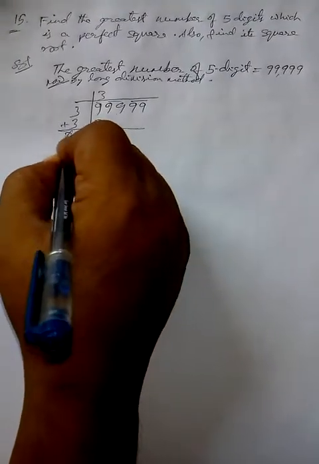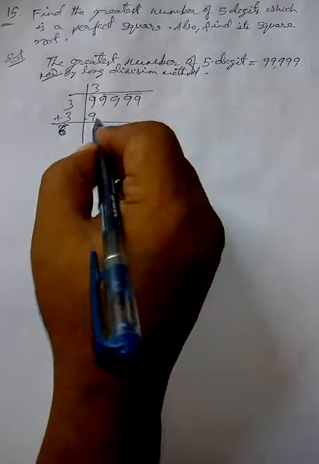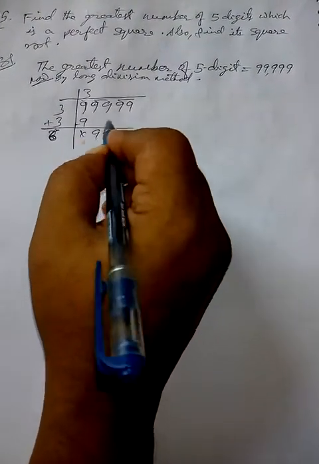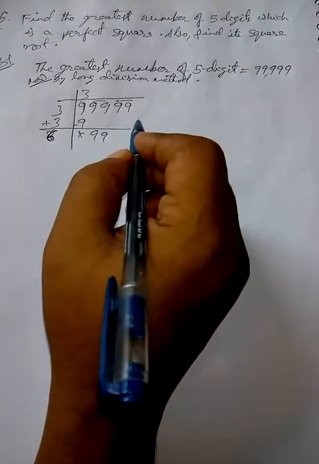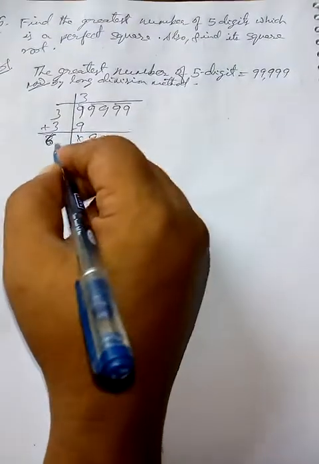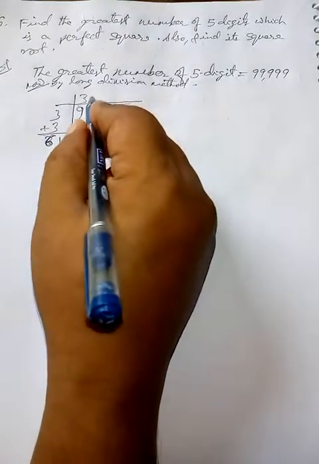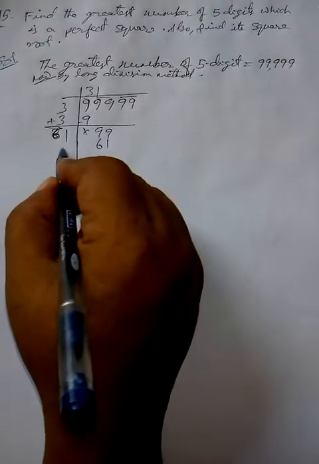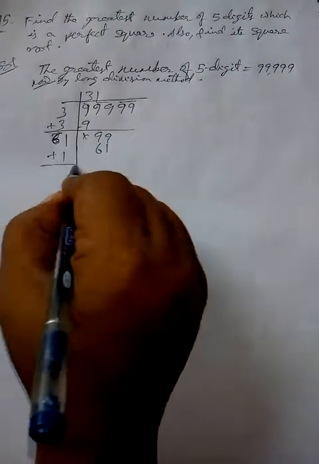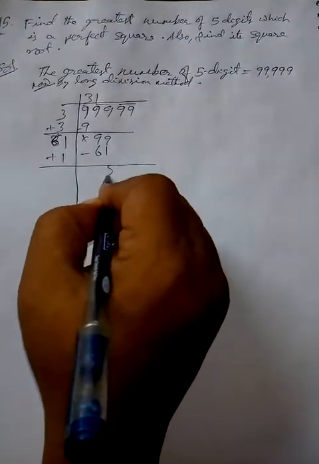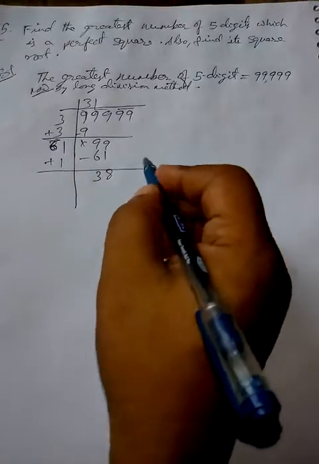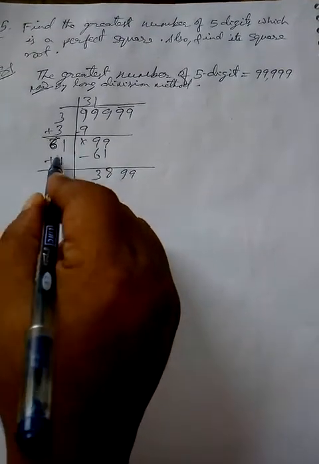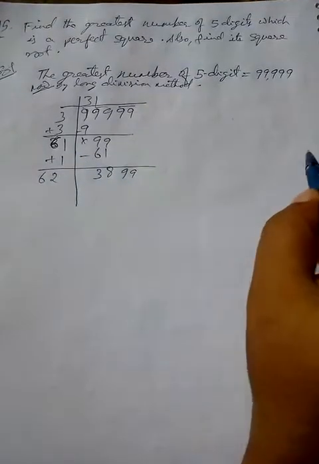Add the 3 here, it becomes 6. It is subtracted and we get 0 here. Bring down the next pair 99, that is the second period. Now it will be divided with 1. 1 time it will go, because 2 times it will be greater. So now add this 1 here also. Subtracting this, take down the last period 99 over here. On adding this, it becomes 26.